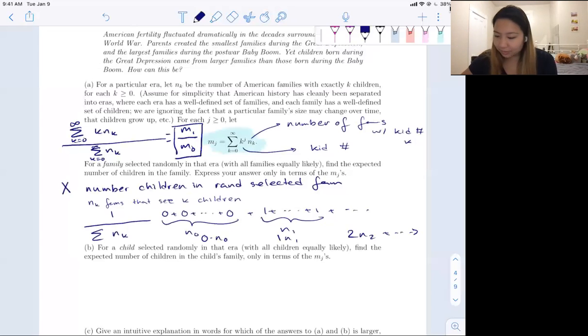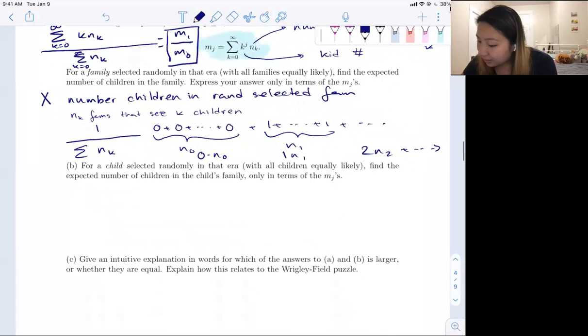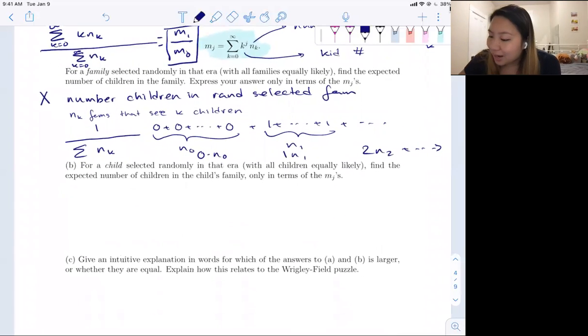Okay, for part B, now for a child selected randomly in that era with all children being equally likely, find the expected number of children in the child's family. This time, the thing on the top is the number of children total.